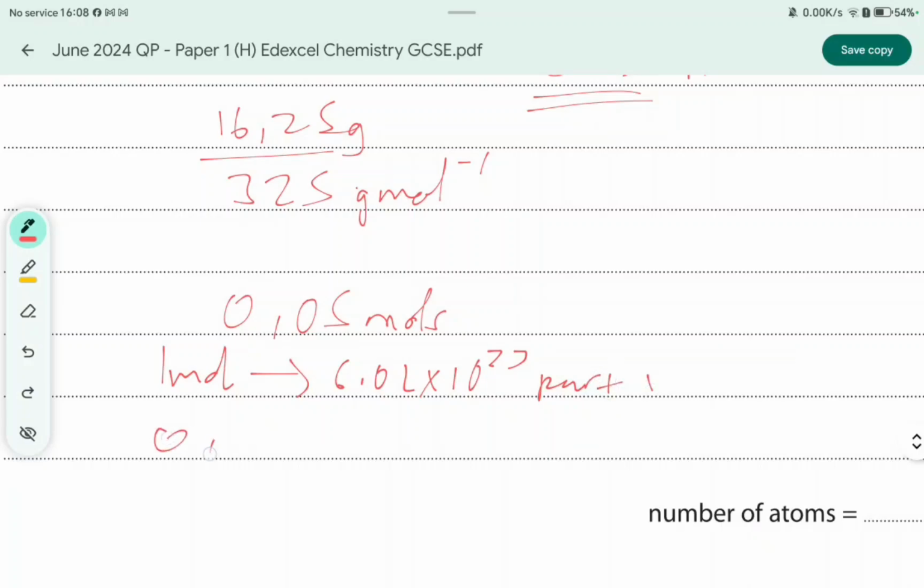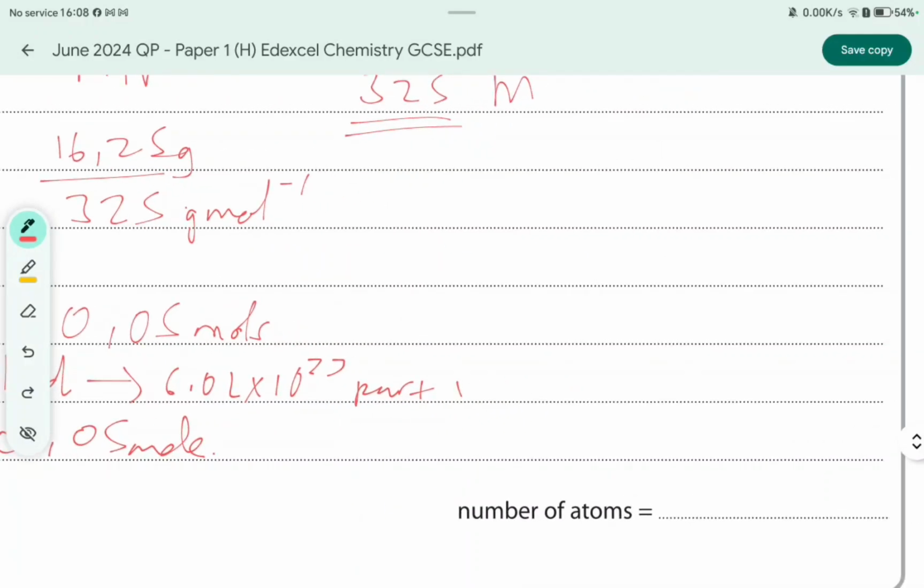So what about in 0.05 moles? All we have to do is multiply 0.05 by 6.02 times 10 to the power 23.